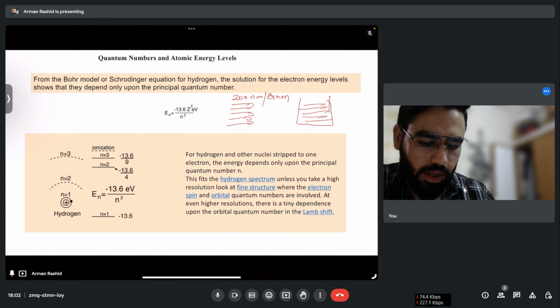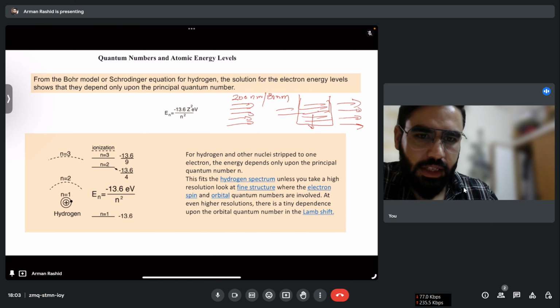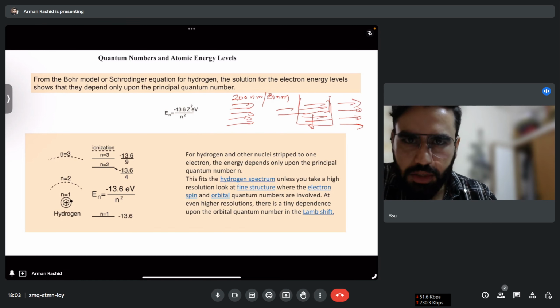Some of the light will get absorbed by the molecules, which can undergo various transitions, and the rest will be given out. As a result, we'll see a spectrum corresponding to that.